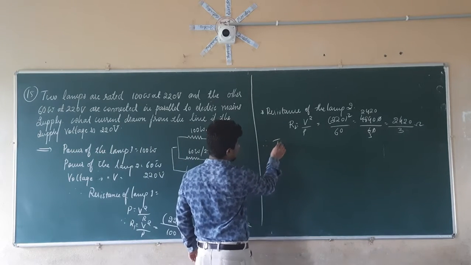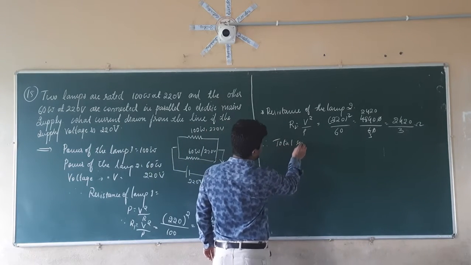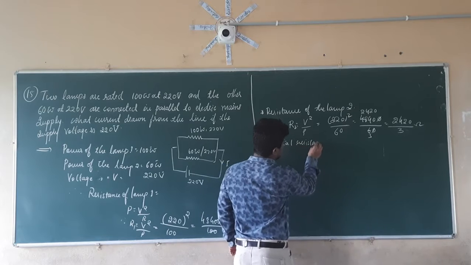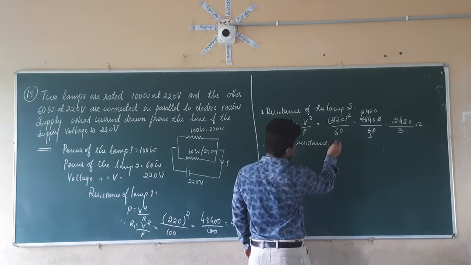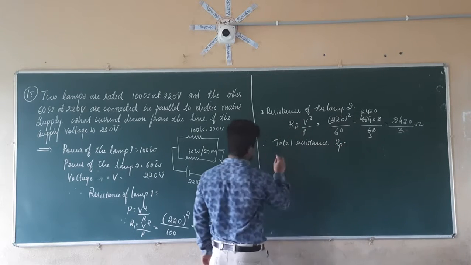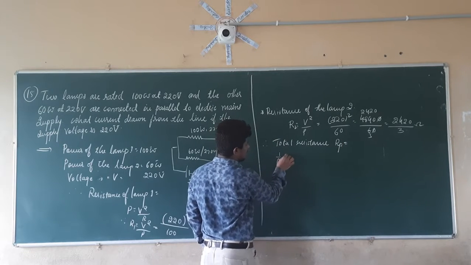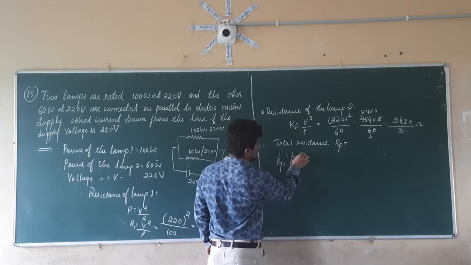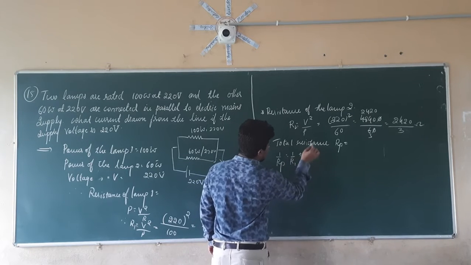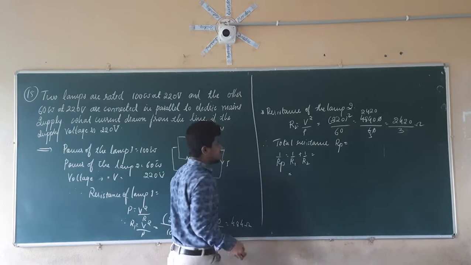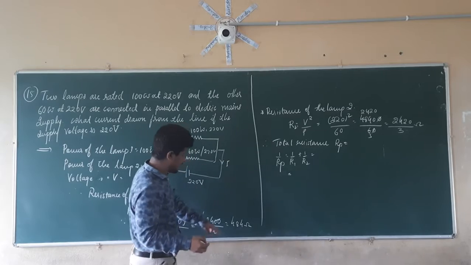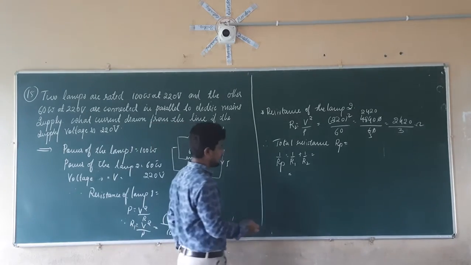Therefore, the total resistance RP is given by 1 divided by RP equal to 1 divided by R1 plus 1 divided by R2. What is the value of R1 here, which we calculated? That is 484.